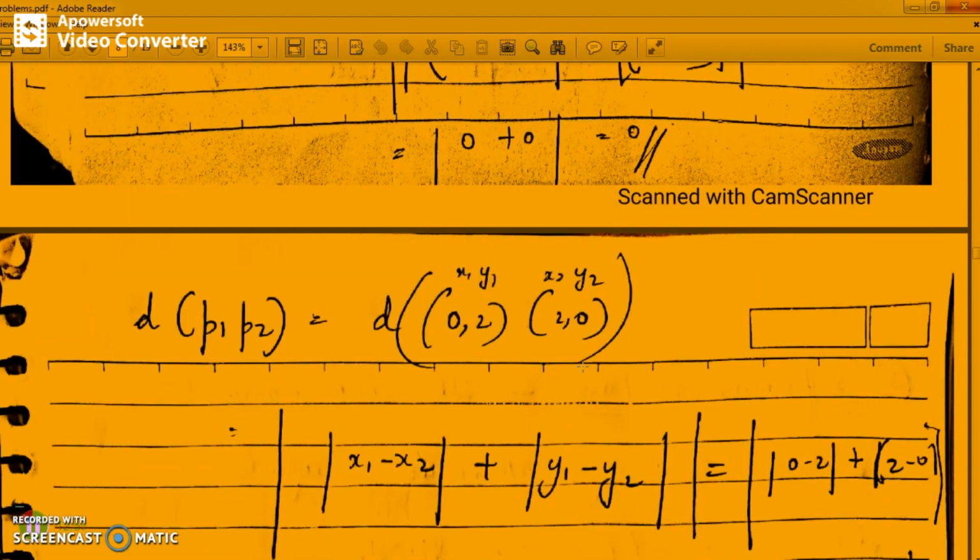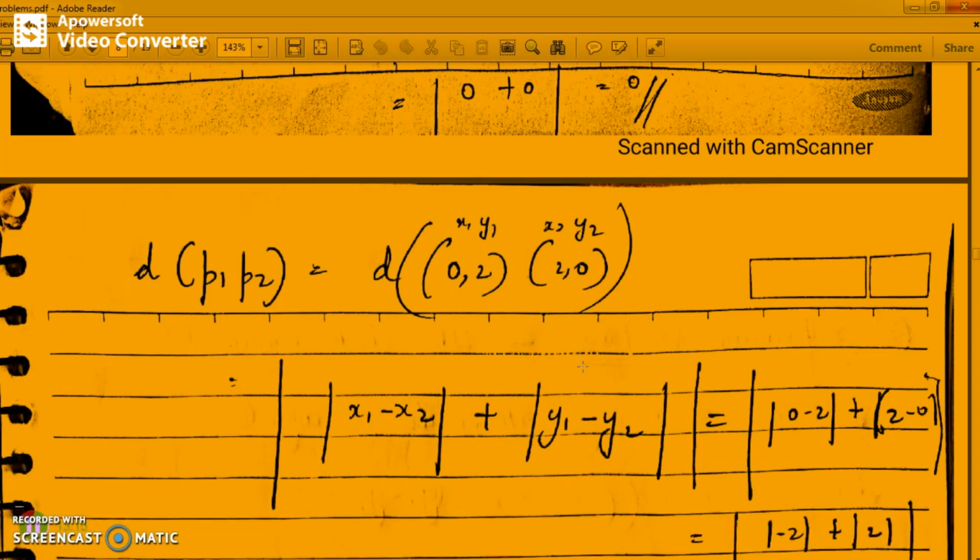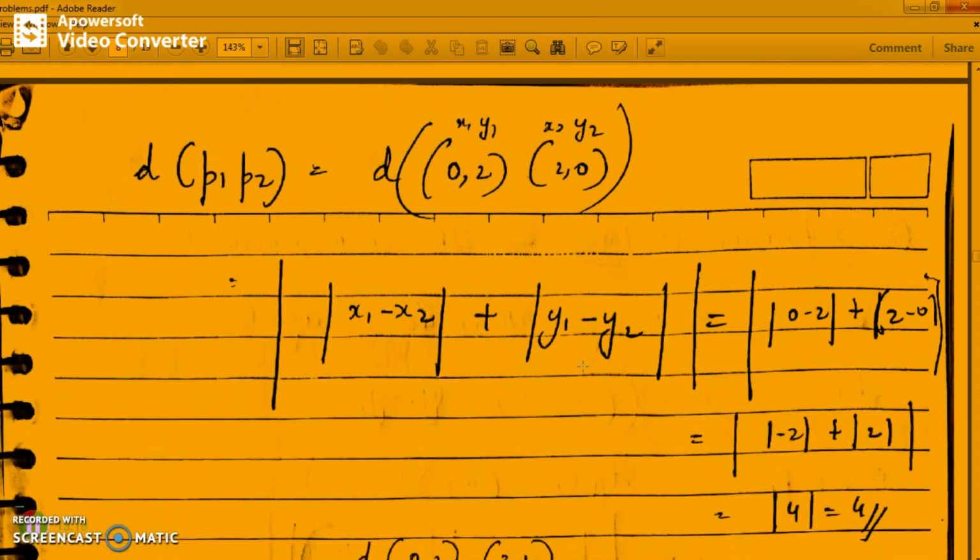Now the Hamming distance between P1 and P2: P1 coordinates are 0, 2, and P2 coordinates are 2, 0. So x1 minus x2 plus y1 minus y2, that is 0 minus 2 plus 2 minus 0, which is nothing but 4. Whenever there is a negative sign, that is the absolute value; the formula itself has this.